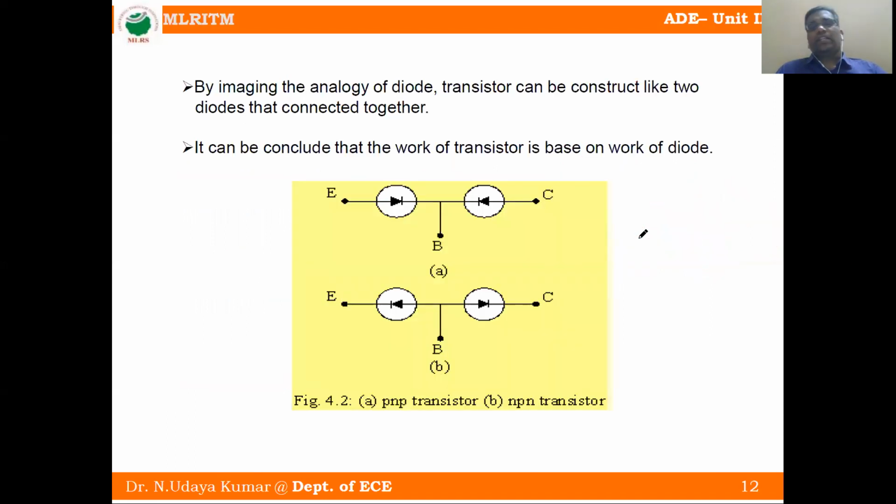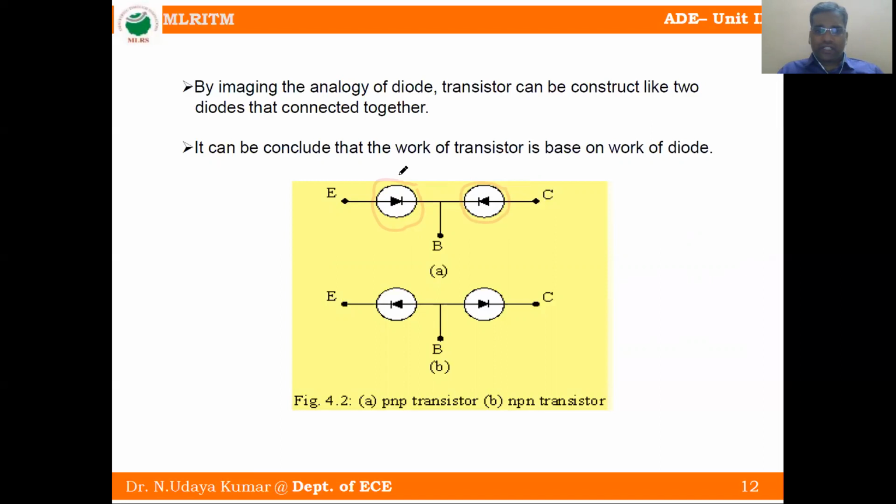Okay. You can clearly observe, by imagining the analogy of diodes, that a transistor can be constructed like two diodes connected together back to back. So we can conclude that the working of a transistor is based on the working of diodes. Here is one diode, and this is the other diode, in back to back connection.